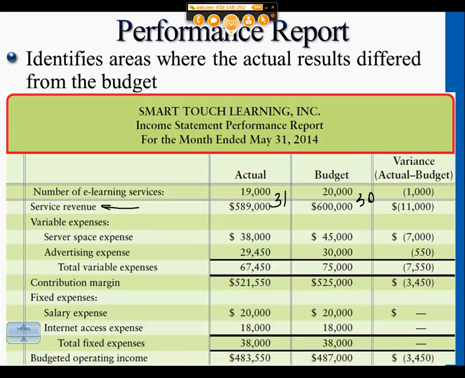It's 5%. All right? So although you saved a little bit because the number of e-learning services is less, interestingly, the relationship between the advertising and the number of e-learning services is the same, whether budgeted or actual. So by analyzing a table like this, it can tell you a lot about how you're actually doing when compared to what you budgeted. Okay? All right.